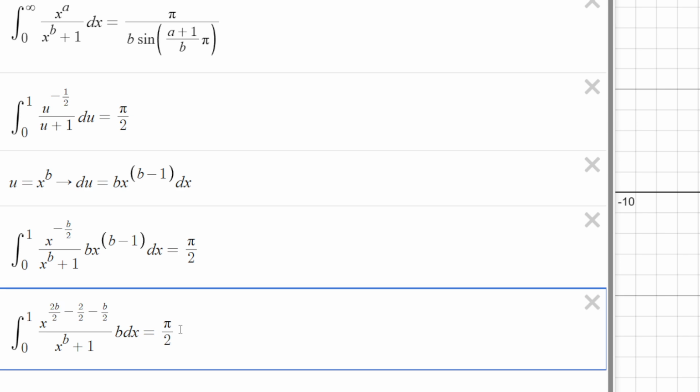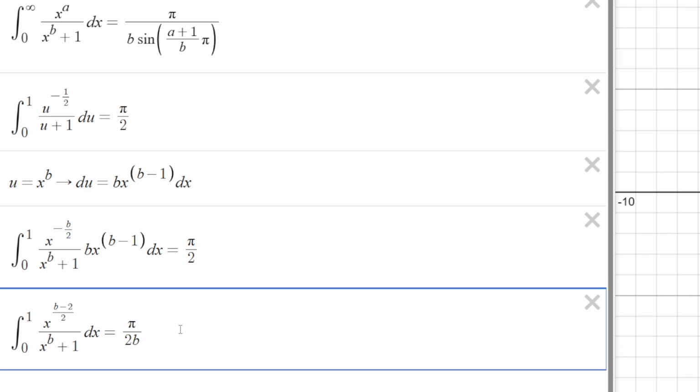So we have 2b minus 2, and then minus b. Now we can get rid of this. And then, of course, we have this b, which we will put over here. So did we do everything correctly? I believe we did.